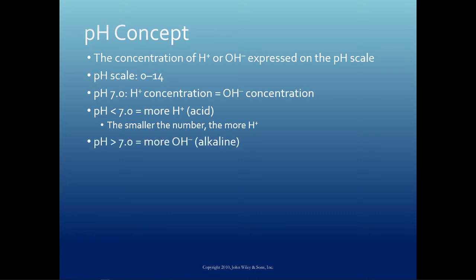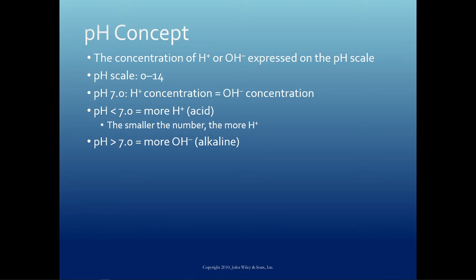And if we go the other way, if it's greater than 7, it means we have more OHs, more hydroxide ions. And we say that's a base, or another way of describing a base is we say it's alkaline. And once again, as we move farther away from 7, the stronger a base it is.